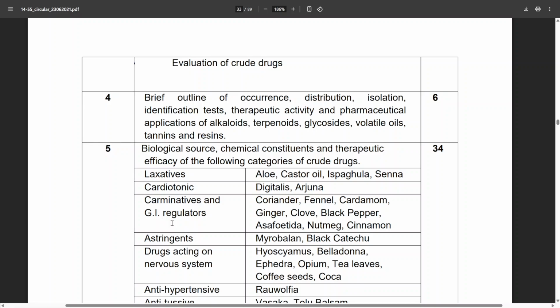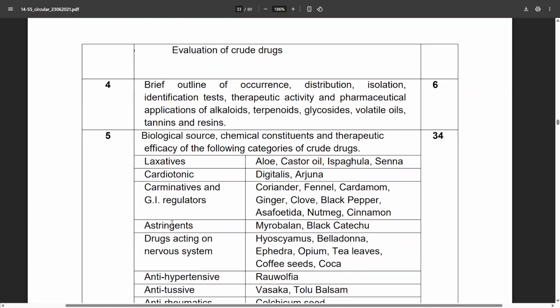Chapter 4, brief outline of occurrence, distribution, isolation, identification test, therapeutic activity and pharmaceutical applications of alkaloids, terpenoids, glycosides, volatile oils, tannins and resins.